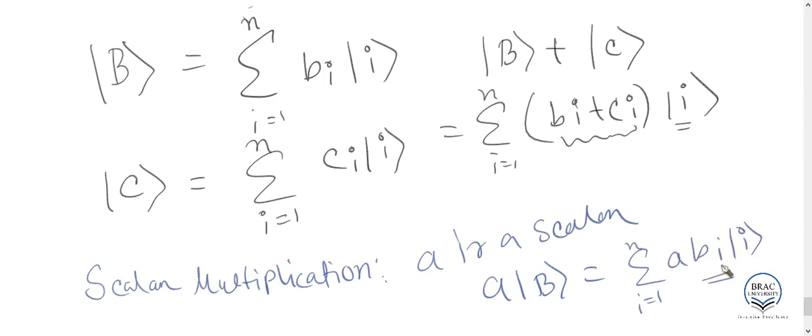So this is how we can do scalar multiplication using these expansions, and this expansion will give us several advantages when we deal with more vectors and something called linear operators.